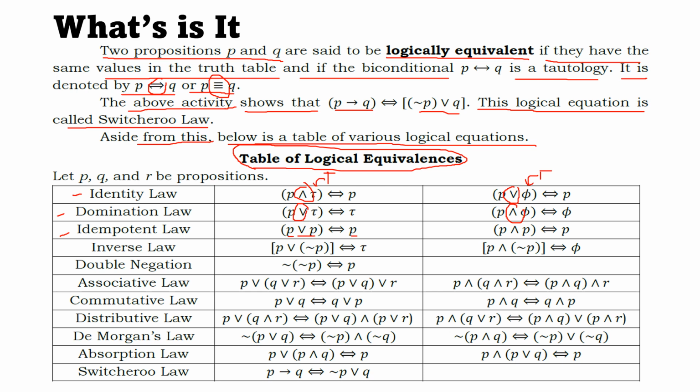We're just simply using your conjunction, so your P conjunction P biconditional P. So your idempotent law: when an operation is applied to a pair of identical logical statements, the result is the same logical statement.